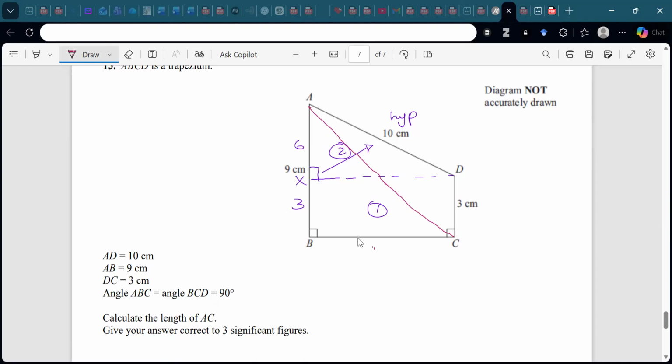So if we find the length X to D, that is the same as BC, and with the length BC and AB, we can find the length of AC. So what we're going to do is to first find the length BC, which is the same as DX. So the hypotenuse of 10 is going to be equal to AX, which is 6, plus DX.